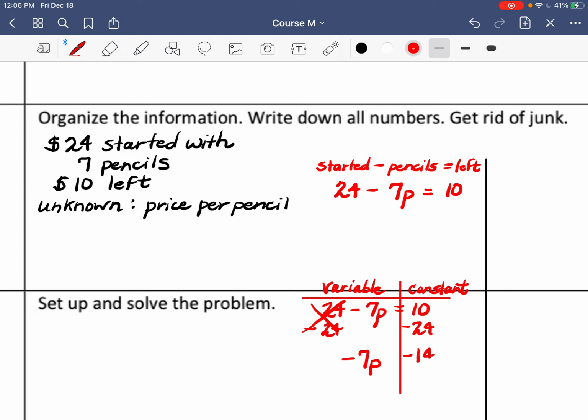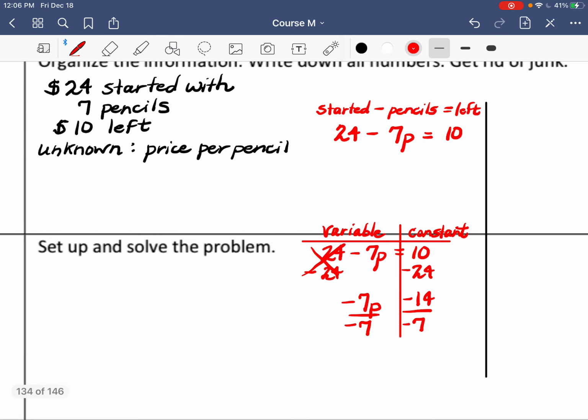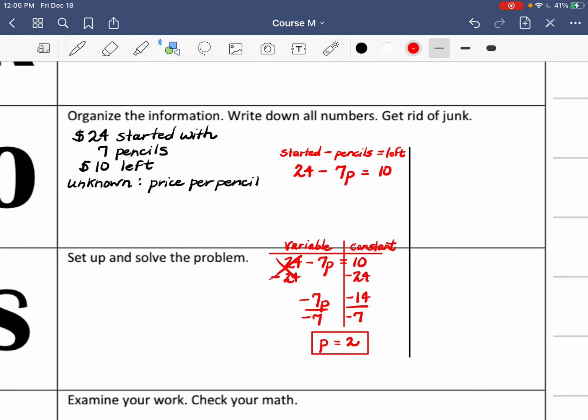And that leaves us with negative 14. Then divide by negative 7. And here's the solution. The pencils were $2 each. Okay, that's one way that you could solve this problem.